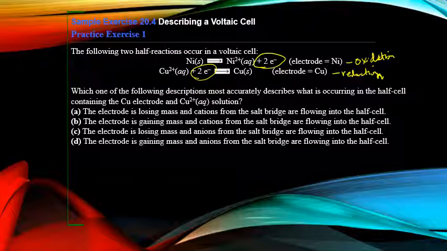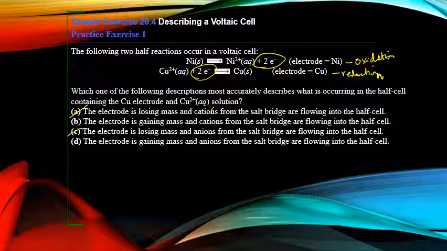So when I look at my choices, focusing on the copper electrode and the Cu2+ solution, the electrode would be gaining mass because it's the cathode, so I can automatically eliminate choices A and C. Then between B and D, I have the electrode gaining mass and cations from the salt bridge flowing into the half cell, or the electrode gaining mass and anions flowing from the salt bridge into the half cell.